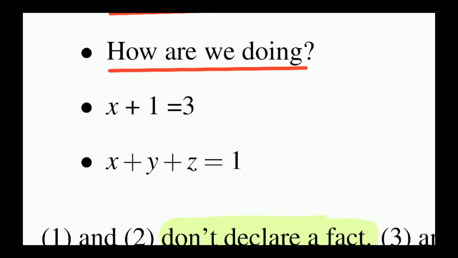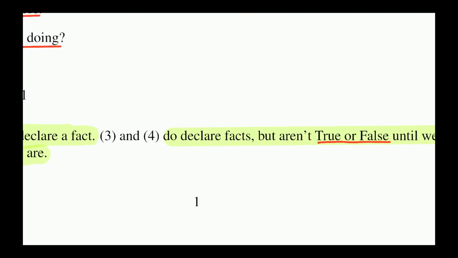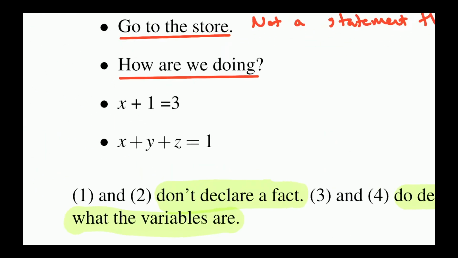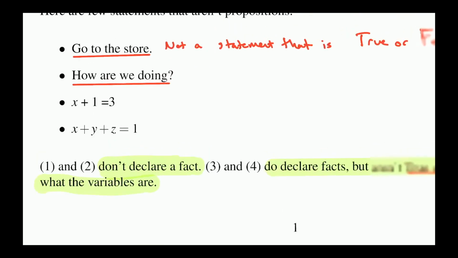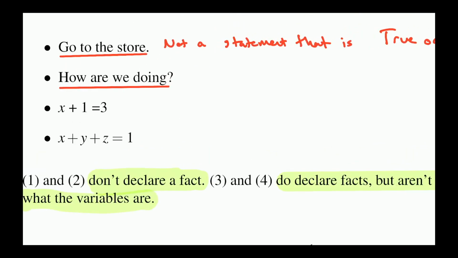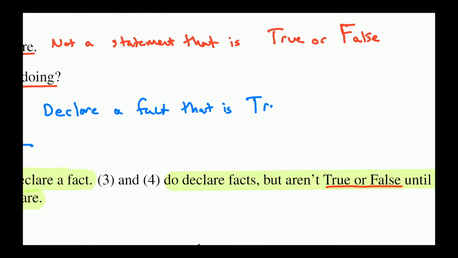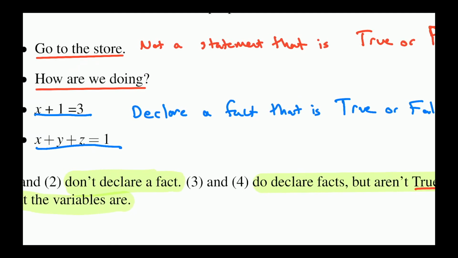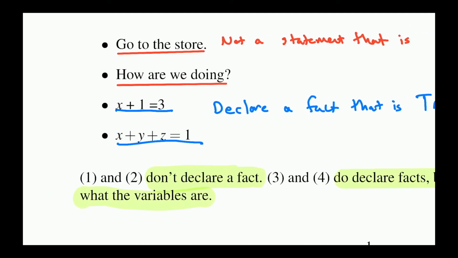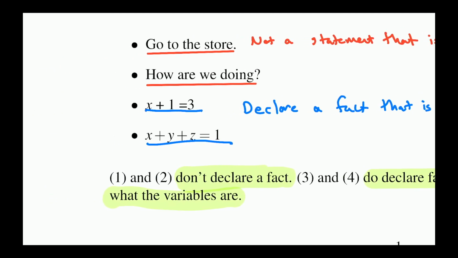Now these others, these are what I'm talking about as far as things that aren't true or false. So these do declare facts, okay? So this one and this one, these declare a fact that is true or false, so you think it's a proposition. But the problem is that they're not actually true or false until you know what x is, right? X has to have a value.